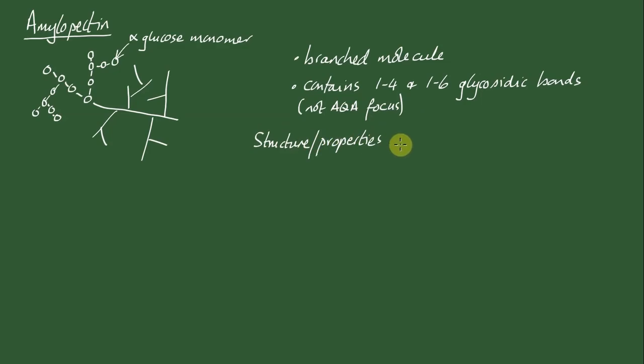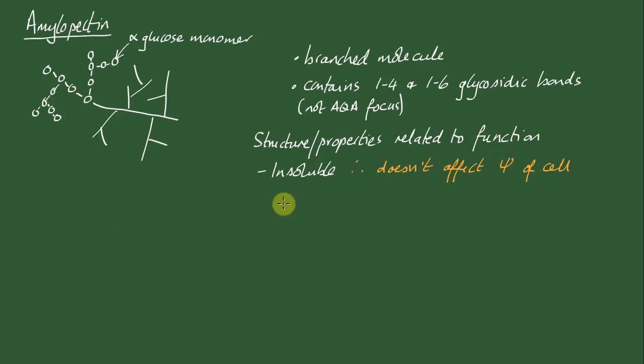And again, now let's link the structure and the properties related to the function, and you will notice that the same things come up again. Notice you've got the structure or the property, and right next to it you've got an explanation as to why it is useful to the overall function of the molecule.